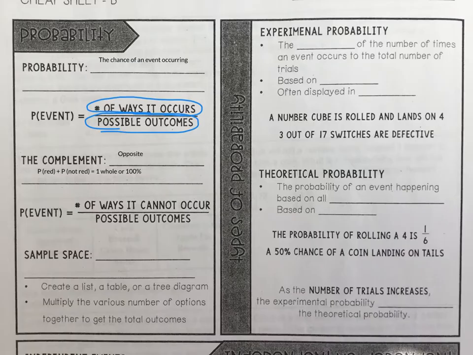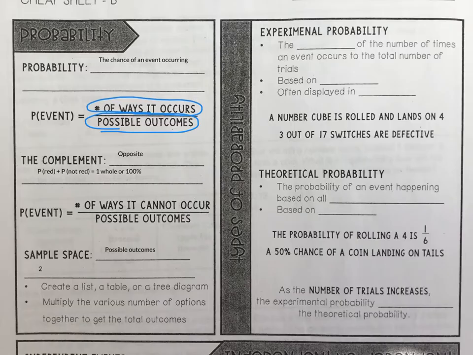Sample space represents all the possible outcomes. So remember, we did a coloring activity a while back with pants and shoes. And we use what we call the fundamental counting principle. So we're going to list that as our example.